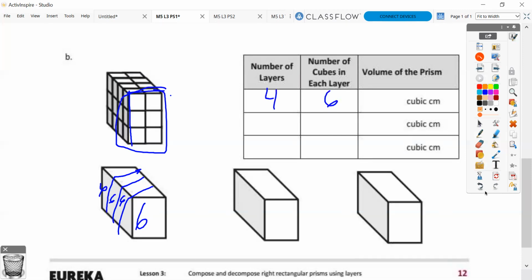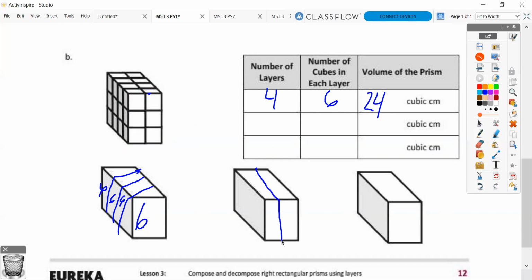And let me actually back up, let me erase this part because I don't want that in our way when I start thinking about the next ones. Well, 4 times 6, well, that's 24 cubic centimeters again. Well, can we cut it in a different way? Well, this time I'm going to cut it lengthwise. All right, so this time I'm going to go right down that middle, and there's 2 layers.